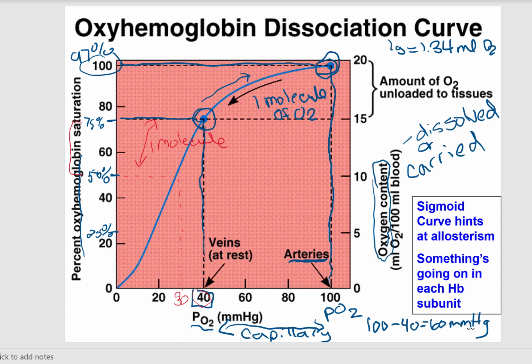That is what I meant by the slope of this sigmoid or S-shaped curve, showing us that not all molecules of oxygen load nor unload with the same affinity, they all require different partial pressures to either load or unload.